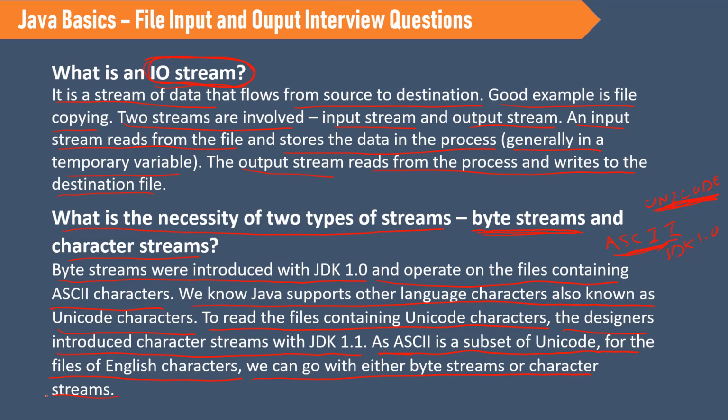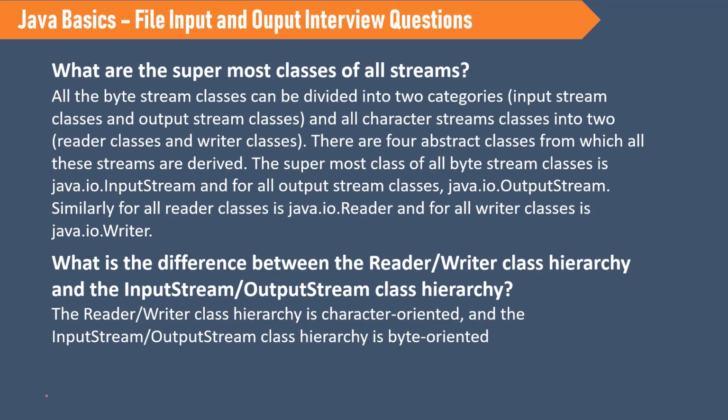What are the supermost classes of all streams? We know that byte classes are divided into InputStream and OutputStream classes, and character classes are divided into Reader and Writer. So for byte streams, the supermost classes are InputStream and OutputStream, and for character streams, they are Reader and Writer.